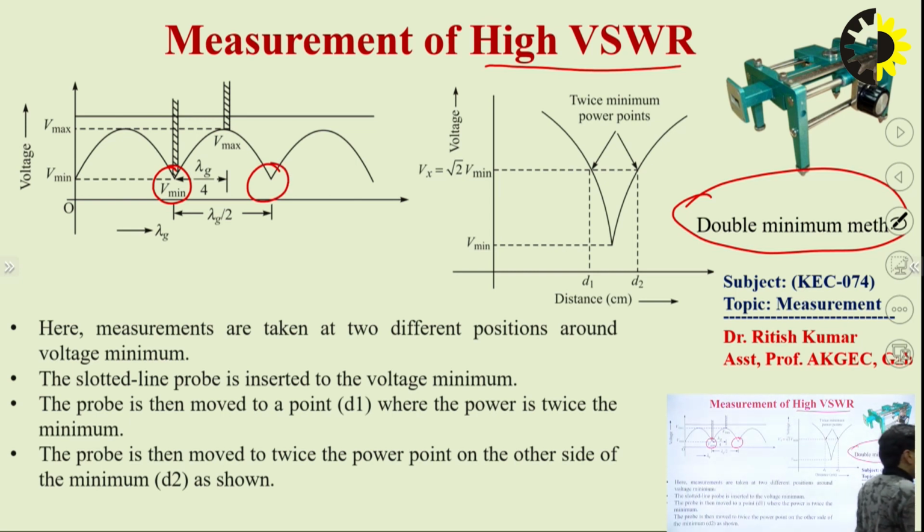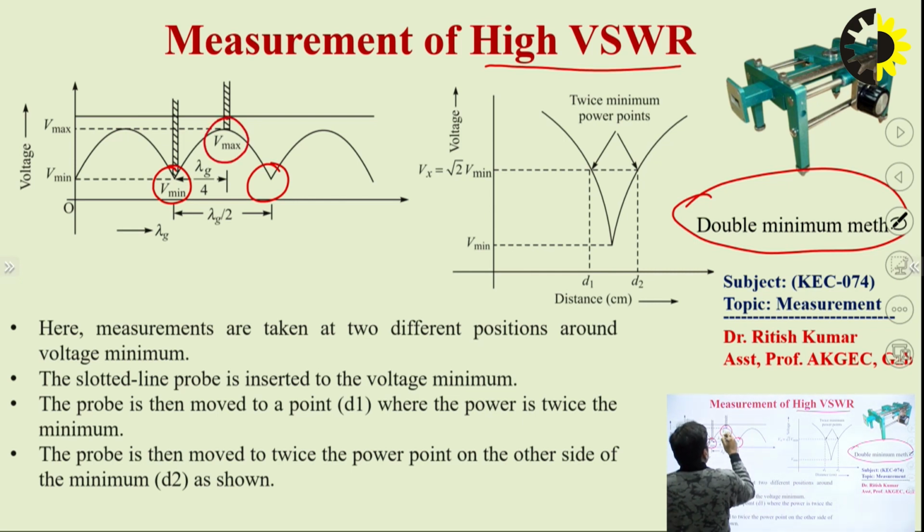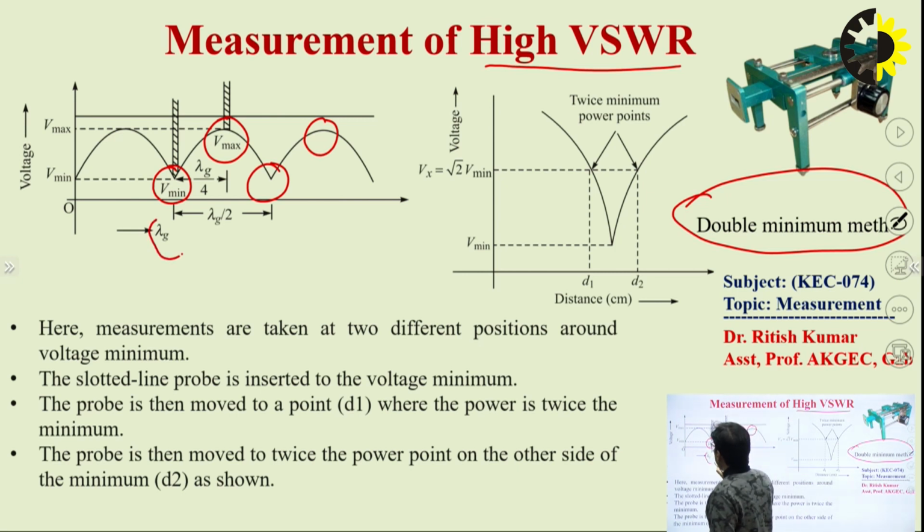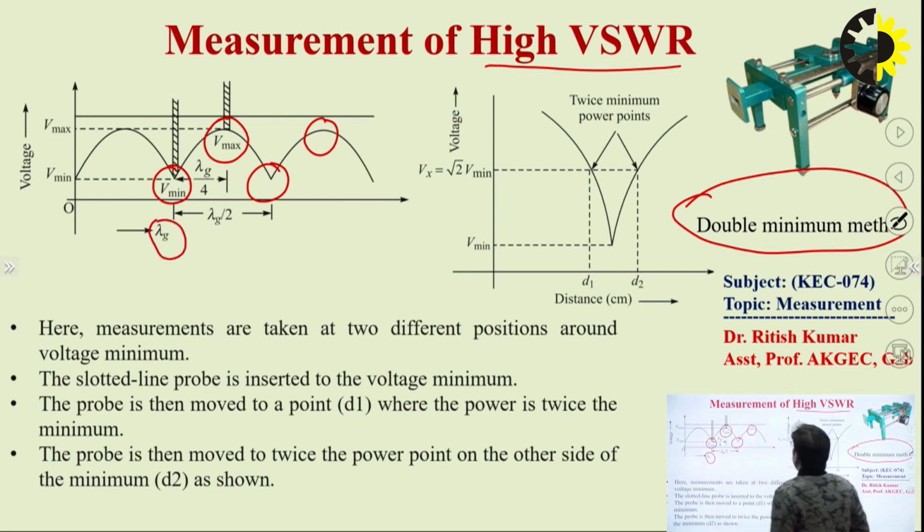If we consider two maxima in the pattern, then we call it the double maxima method as well, because the distance between the two maxima and two minima would always be the same, that is lambda g by 2. And why do we take lambda g here? Because we are dealing with the guided media, and this lambda g is known as guided wavelength, right?